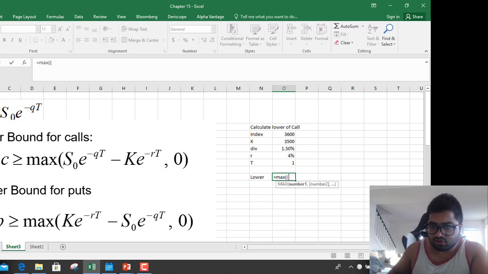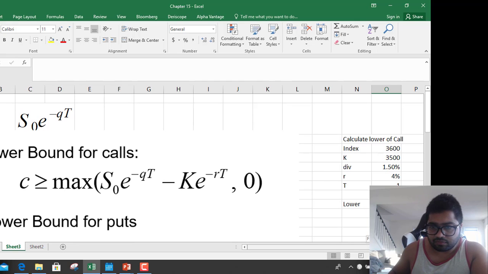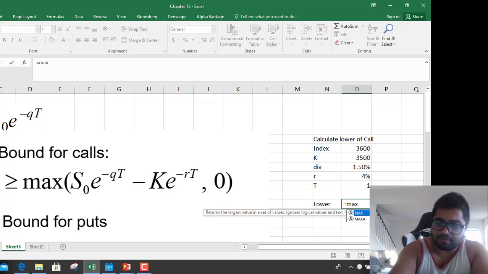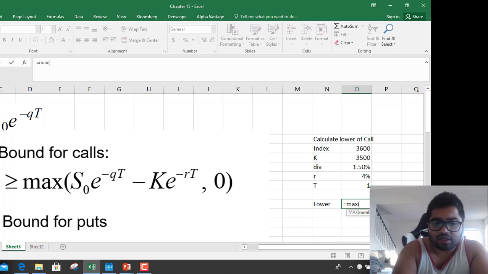I'll zoom in a bit so that you can see it. It will be the max function, maximum of, and I'm adding one more bracket so that we can solve this whole thing. S0 is the stock price, so 3600 is the index price, the current spot price, multiplied by exponential of negative dividend yield 1.5% times T, which is 1.